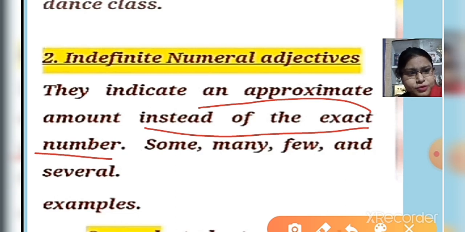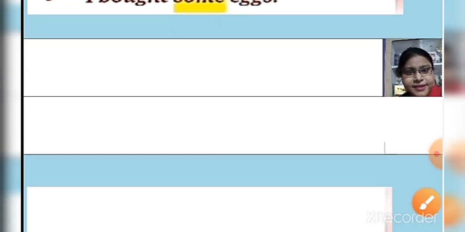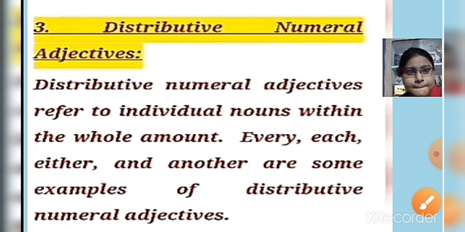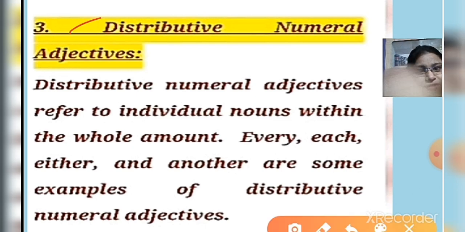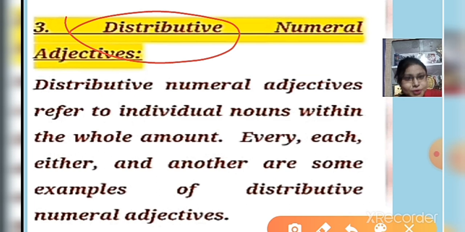Now class, we will be proceeding to the next part, that is the distributive numeral adjective. Okay, what is distributive? Check the word distribution. Just keep in mind the word distribute. What is distributive adjective? Distributive in number. See the definition and you will be clear.